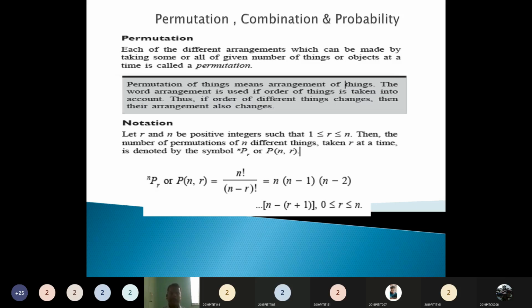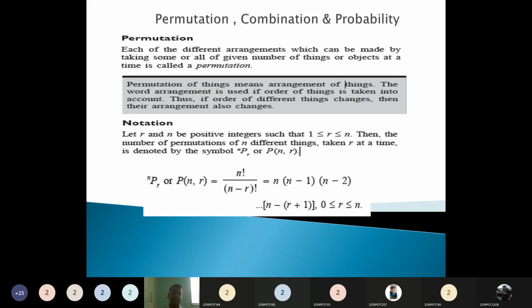That way we can denote the permutation. So nPr, or P(n,r), is equal to n factorial divided by (n minus r) factorial. If you are going for combination, that is nCr, and the formula is n factorial divided by r factorial into (n minus r) factorial. That is the combination formula.